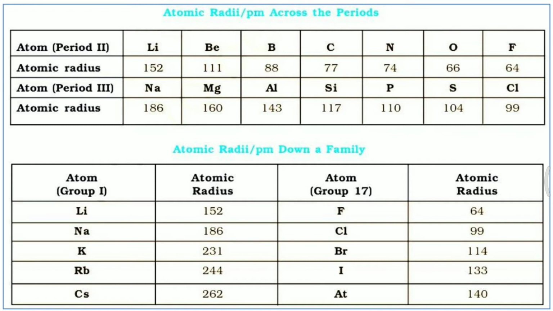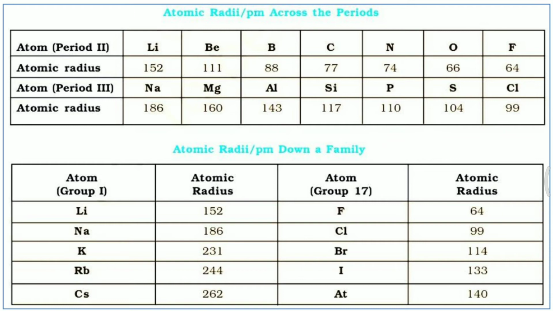For lithium it is 152 picometer, for beryllium 111 picometer, for boron 88, for carbon 77, for nitrogen 74, for oxygen 66, and for fluorine 64 picometer. You can see the trend that the value of atomic radius decreases from lithium to fluorine. So in the same period, the atomic radius decreases when we move from left to right across the period.